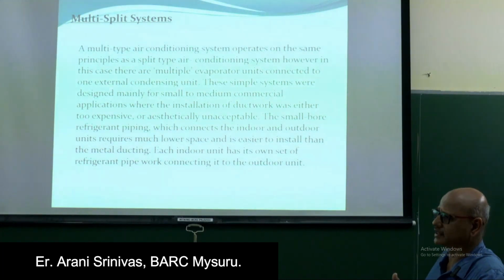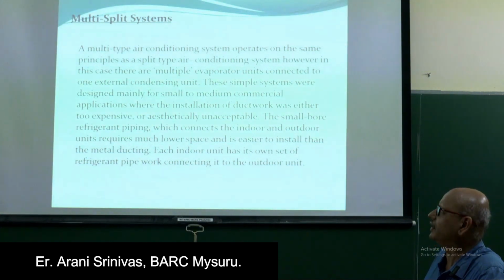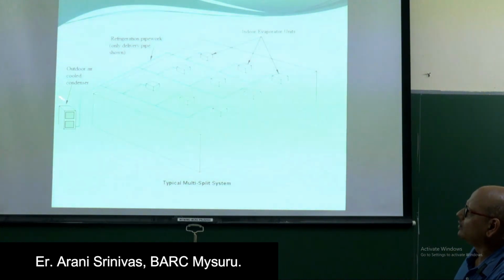Then multi-split systems came. Because of the disadvantages of split air conditioners, they went for multi-split, with many split air conditioners. Now here we have one outdoor unit, and from here multi-splits. Many evaporators are here, with only one big compressor, and the condensers are located outside.